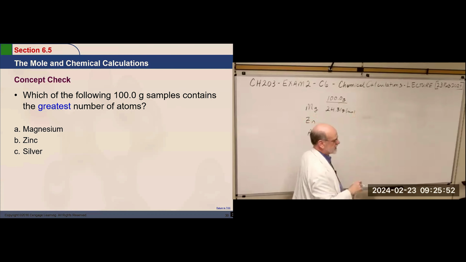Zinc is, I need the periodic table up here where I can see it. I bet there's one in the review document. Oh, that's not it. Here it is.